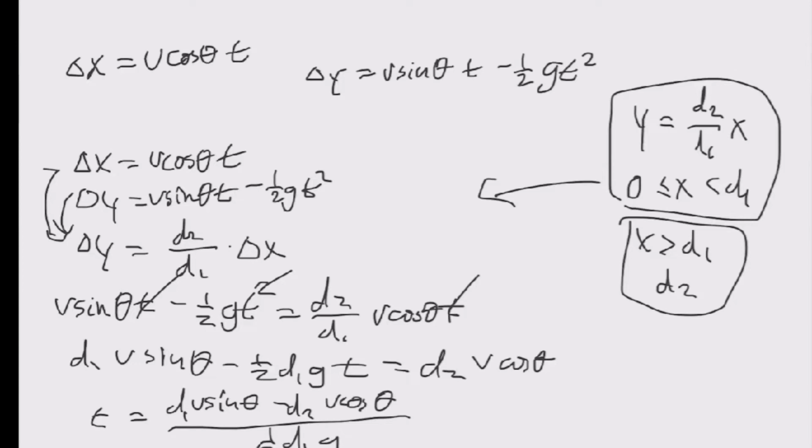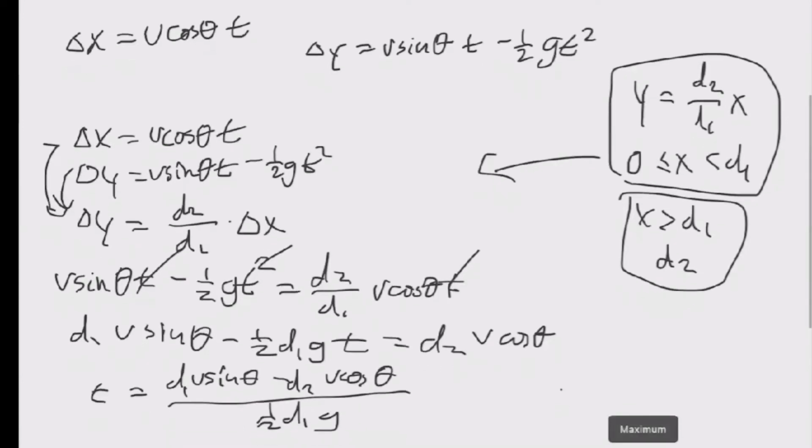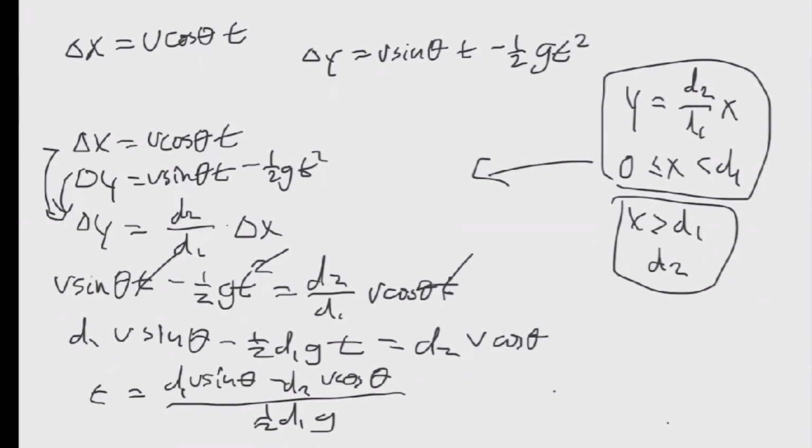And if you plug this into a calculator, you should get around 0.625 seconds. All right, so now what do we do? Well, if you remember, that's assuming 0 less than x less than d1.